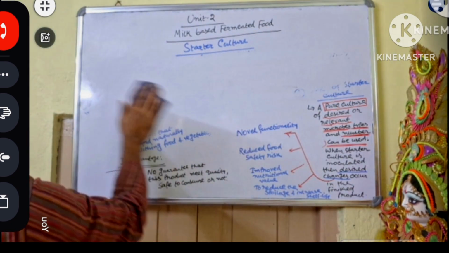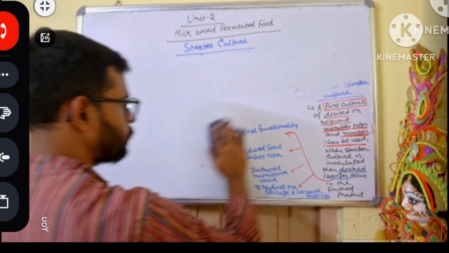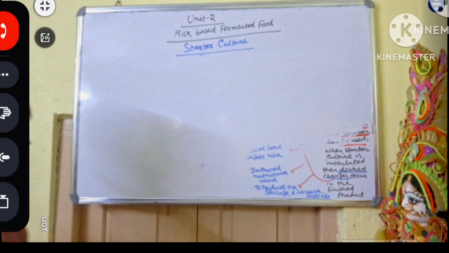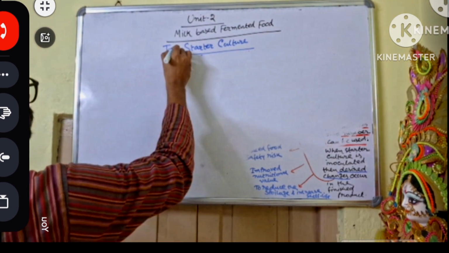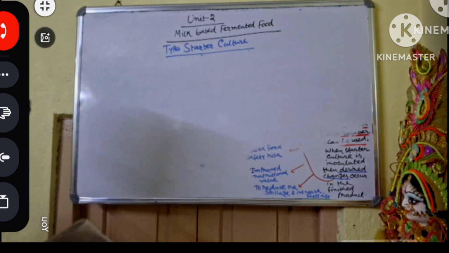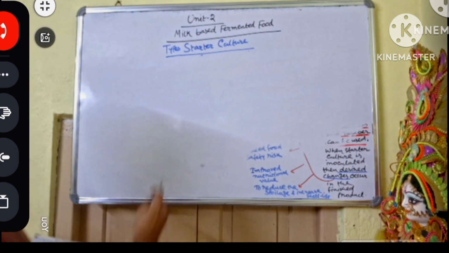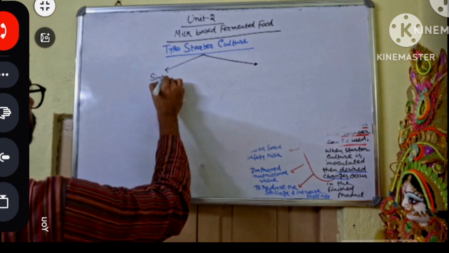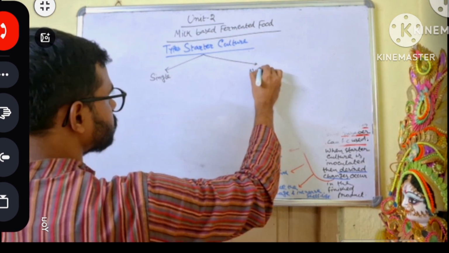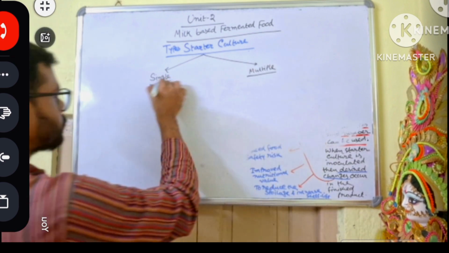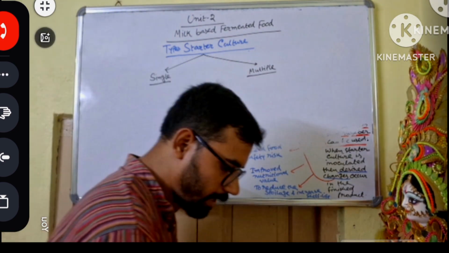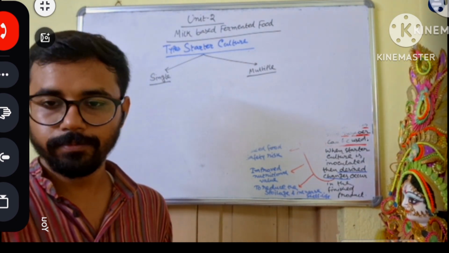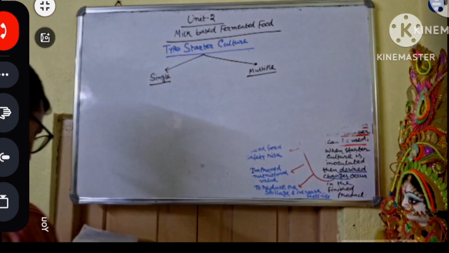Okay. Starter culture types. Types of starter culture: single starter culture and multiple starter culture. Single means just one type of particular microbe is added to make the starter culture.